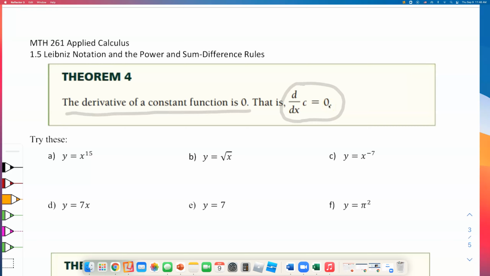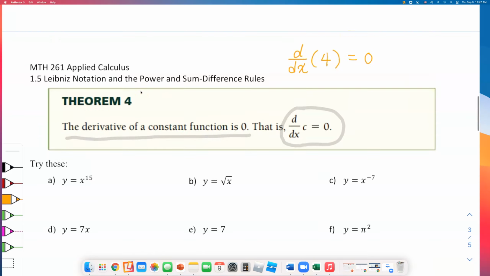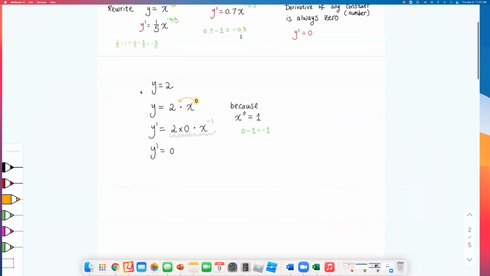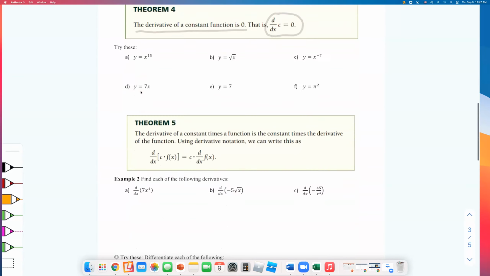So if they ask you to do something like, hey, what is the derivative of 4? Guess what? That is simply just 0. If you're taking the derivative of a constant, it's always 0. And from now on, we can just use that because I tried to show you why using the power rule. But I think that was enough for our very first video.